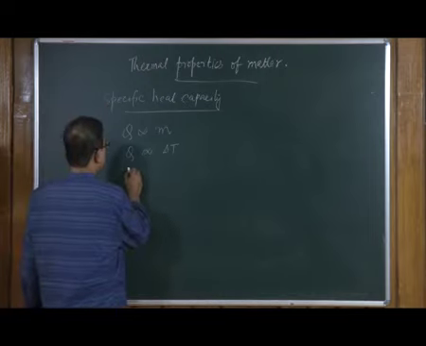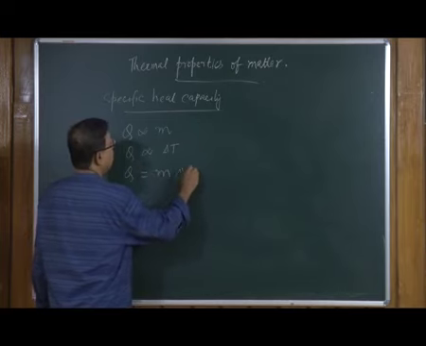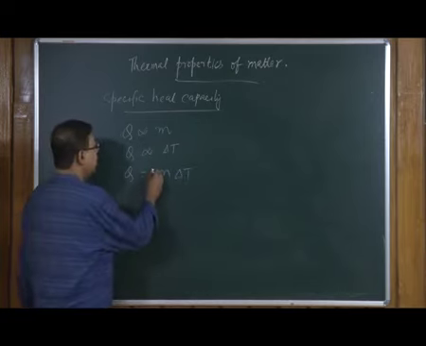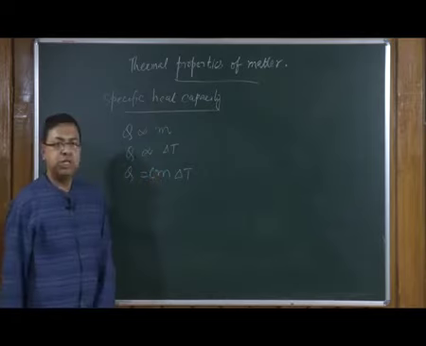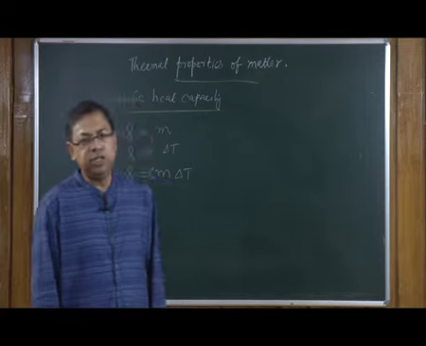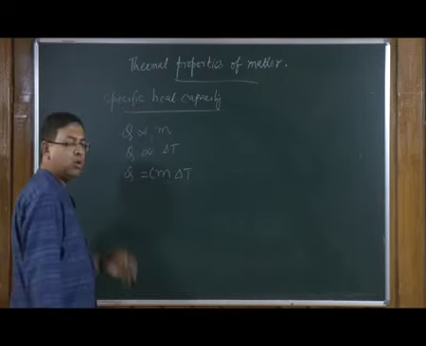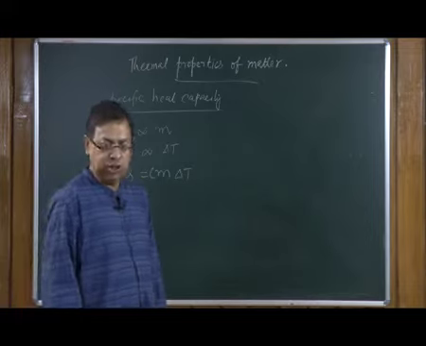So, if you write this with an equality, we would need a proportionality constant which is called specific heat capacity, which depends on a particular material. Now, let us look at how specific heat capacity is measured.